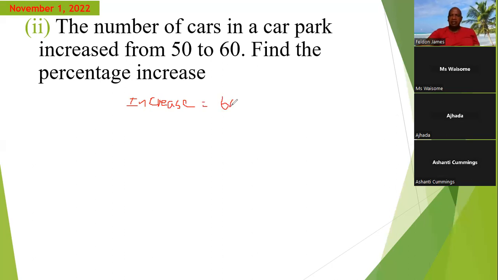So 60 minus 50. All right, so that's the increase. Yes, sir, which is 10. So that is equal to 10.